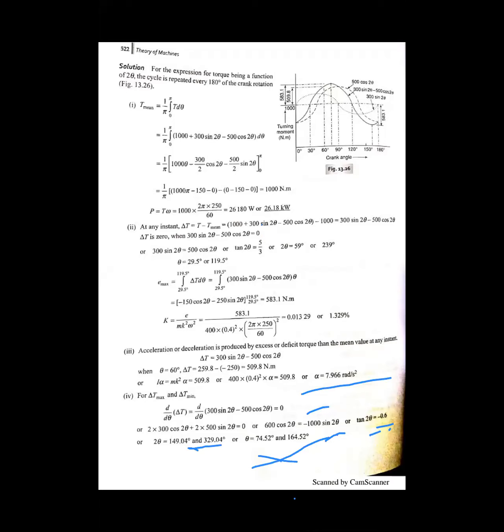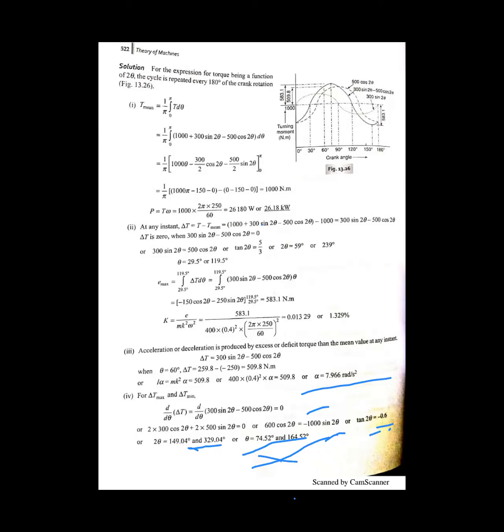When we substitute our theta value in our equation, we simply get our maximum angular acceleration. How do we get the maximum angular acceleration? The theta values are substituted in our delta t.